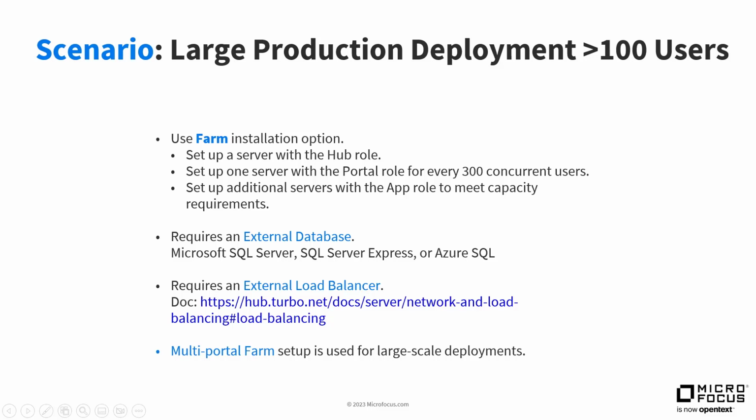You should additionally set up separate servers for the application role to meet the application execution requirements. Again, this will require an external database, and you will need an external load balancer to balance the portals. Any questions?